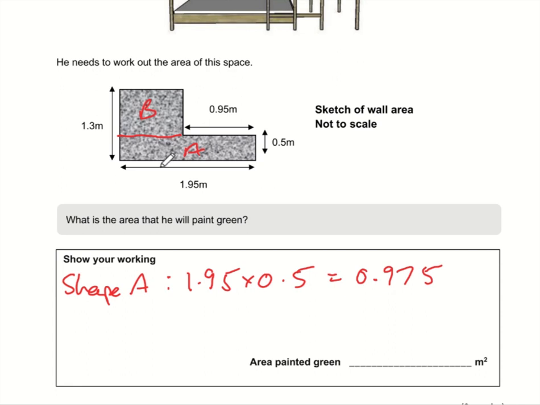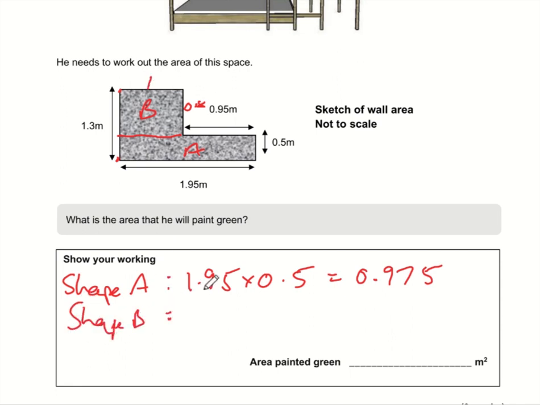Okay, and now we just need to work out the area of B. Now what we need to do here is work out what the height and the distance across is. So if it's 1.3 from this point to this point and 0.5 from here to here, then the difference is going to be the height of shape B. So 1.3 take away 0.5, that is 0.8, and similarly 1.95 from here to here, 0.95 from this point to this point, so this is 1.